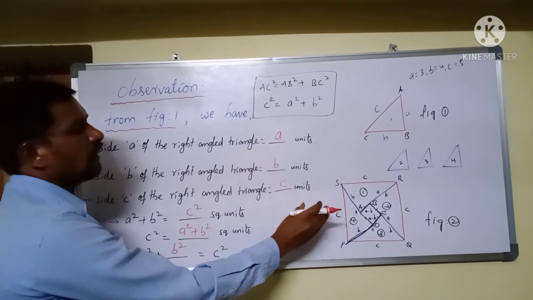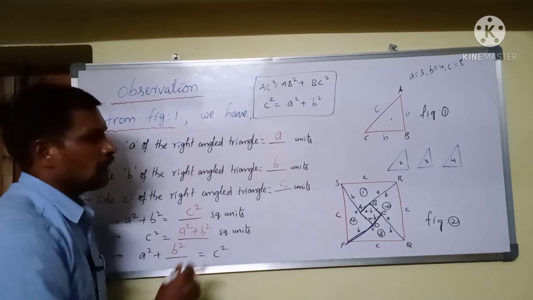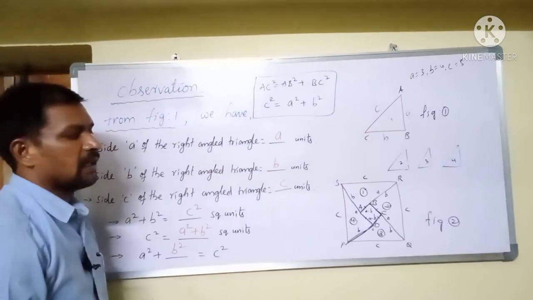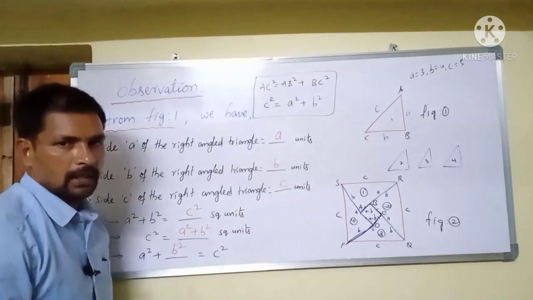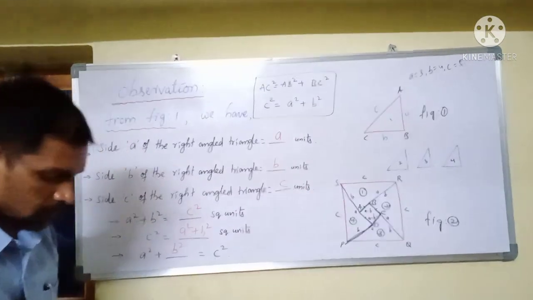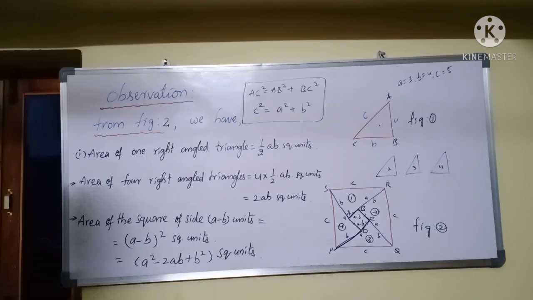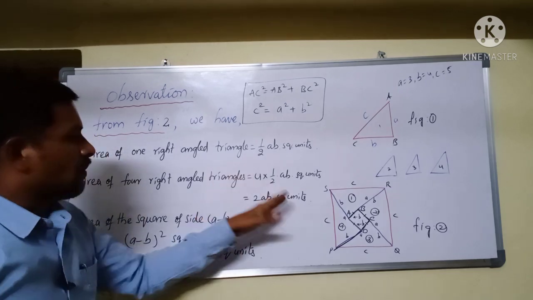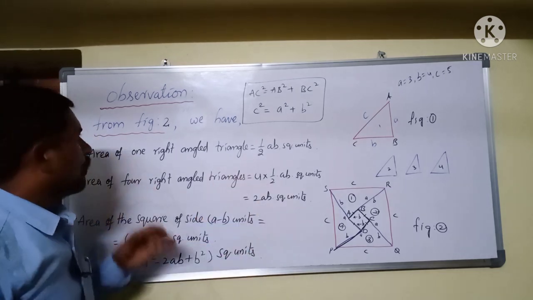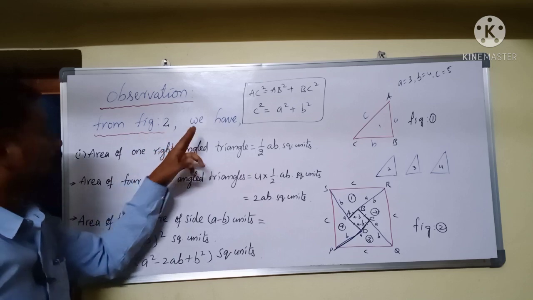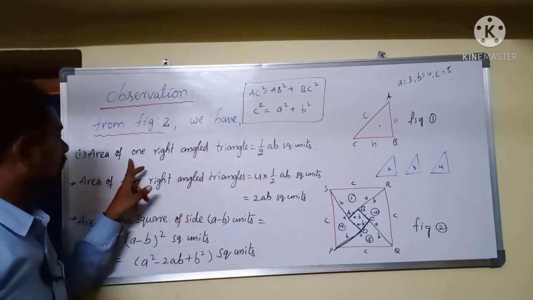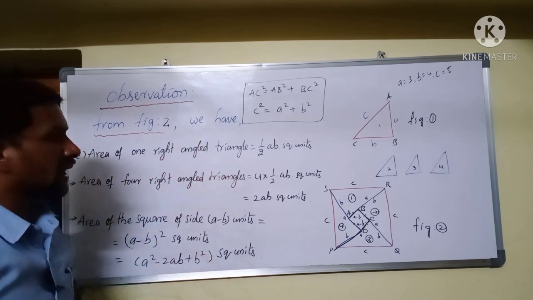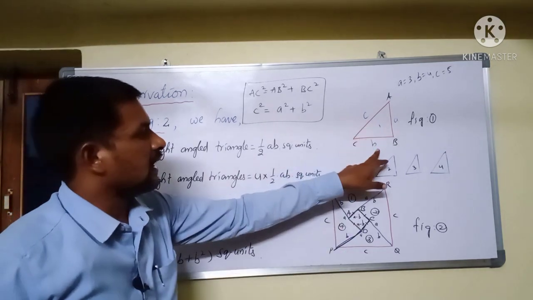So from figure 2, we will observe the area of the right angle triangle and the remaining concept. From figure 2 we have the area of one right angle triangle. So this is a right angle triangle.